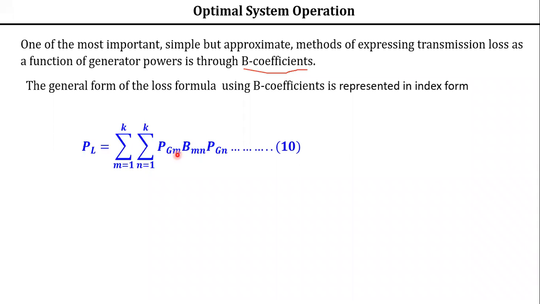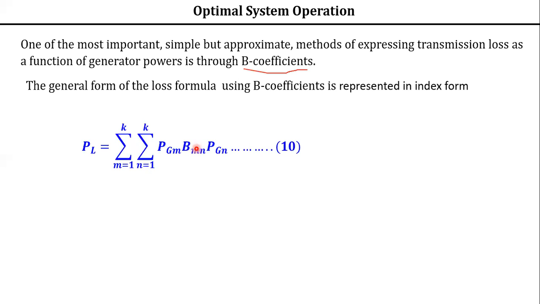So PGM means it is the active power generation at mth plant, and PGN is the active power generation at nth plant. So this is what we have considered. Plants are located at different locations, isn't it? So PGM is the active power generation at mth plant, and PGN is the active power generation at nth plant, and the loss is between these two. So that loss coefficient will be considered as between them, BMN.